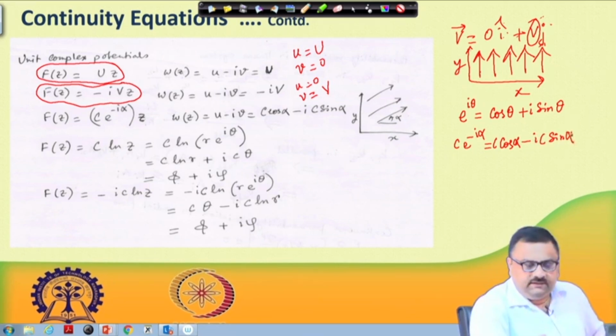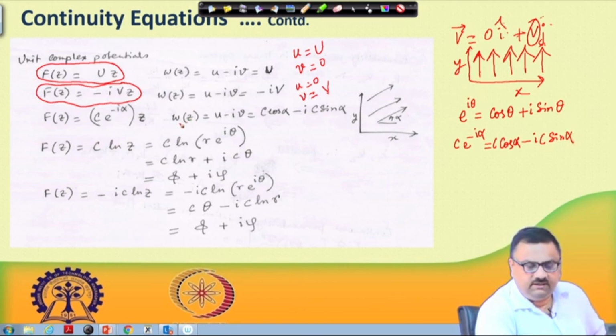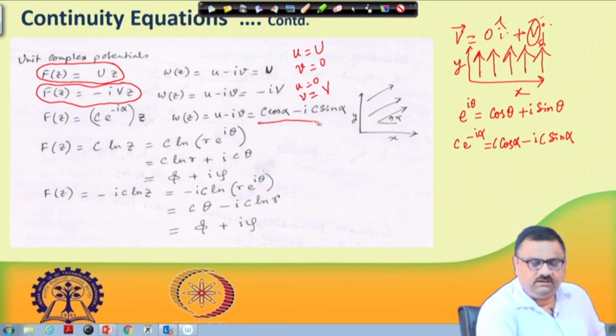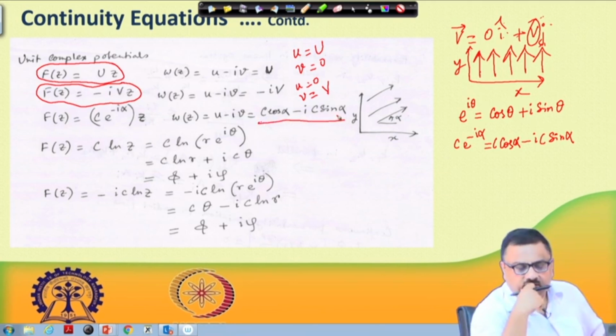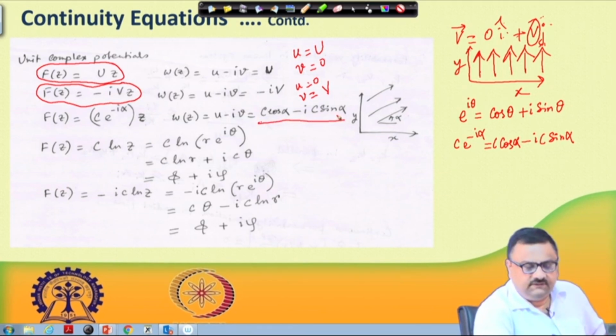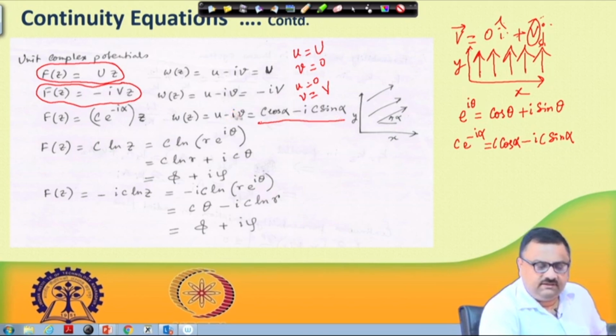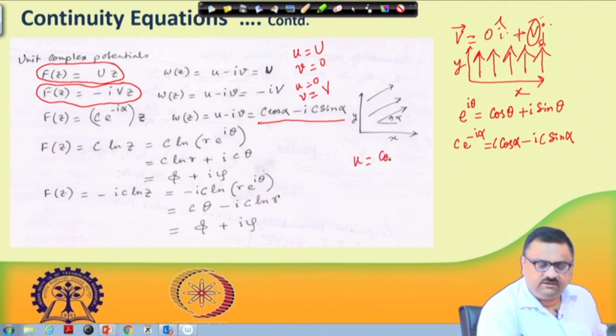So, this is what is happening here, as Wz is equal to u minus iv, which is equal to c cos alpha minus i c sin alpha. So, in this case u is equal to c cos alpha and v is equal to c sin alpha.